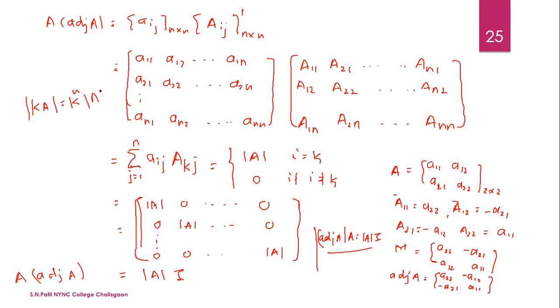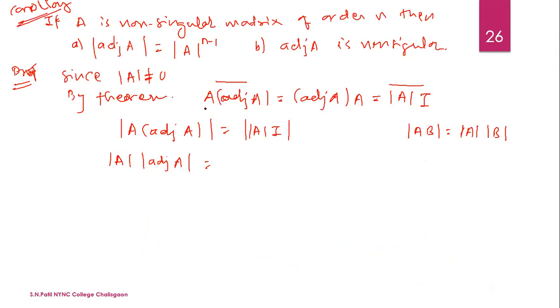A has order n, a square matrix of order n. Here the constant is the determinant of A. It can be written as determinant of A raised to n into determinant of the identity matrix.